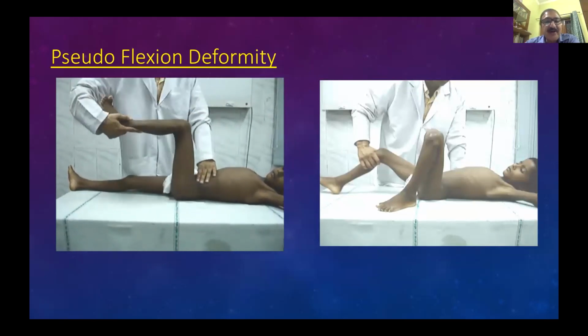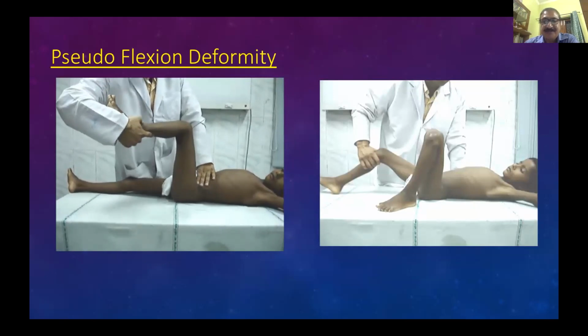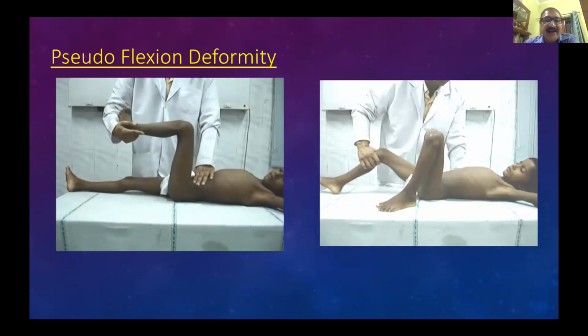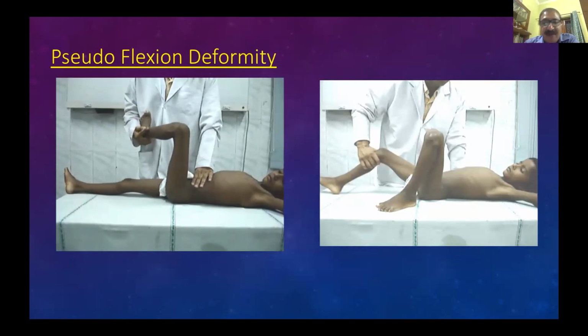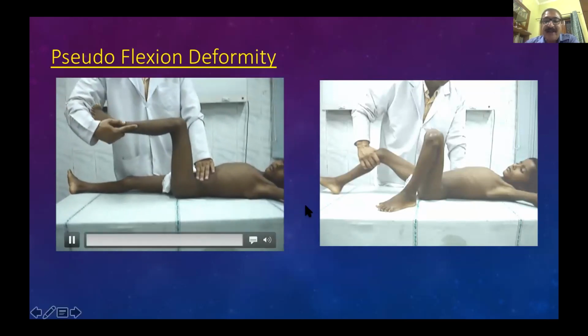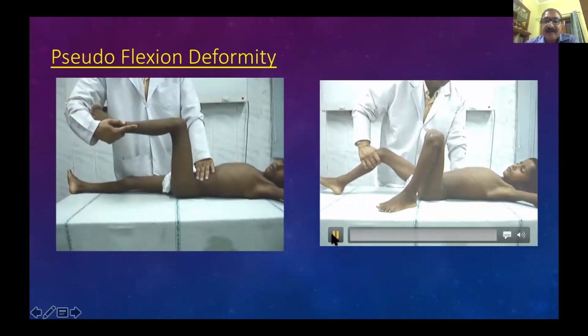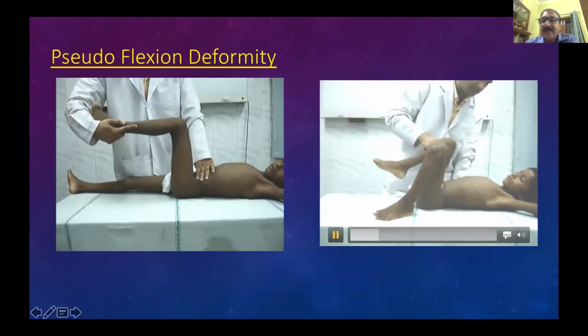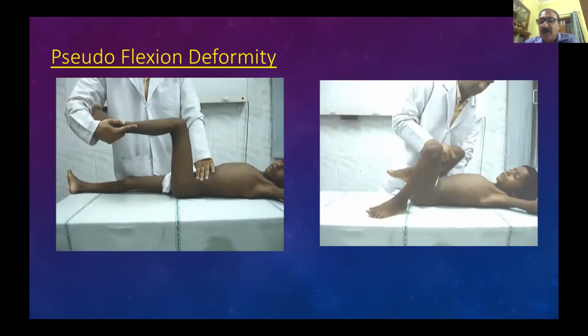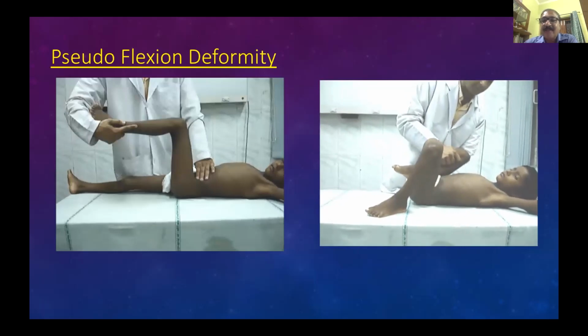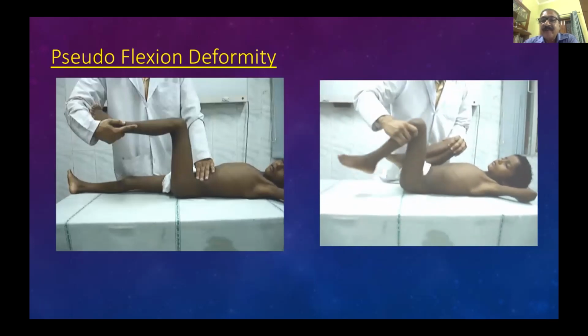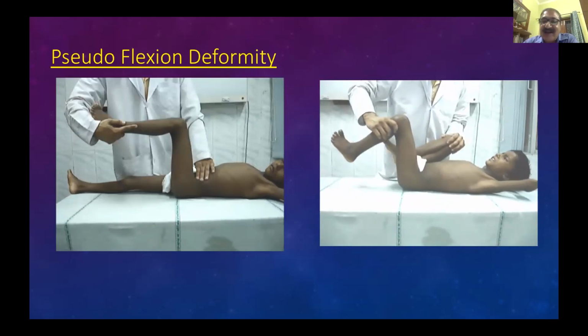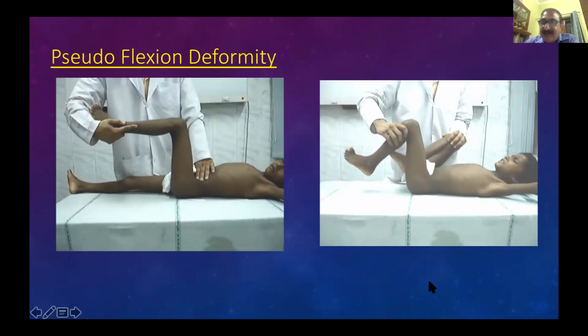In this patient, rotations are free and painless. If the patient had hip joint disease, the rotations would have been painful. At the same time, in the same patient, if we try to do the Thomas test, the child cries. This is a typical case of pseudo flexion deformity, in which hip rotations will be free and painless.